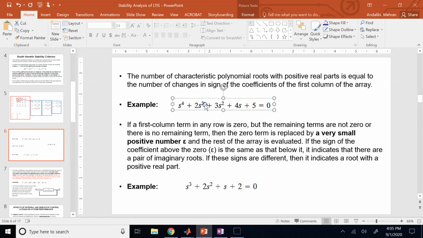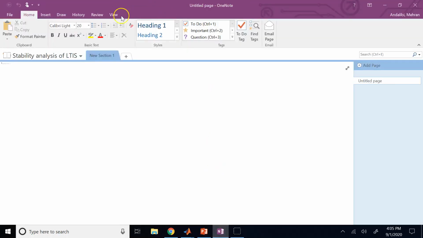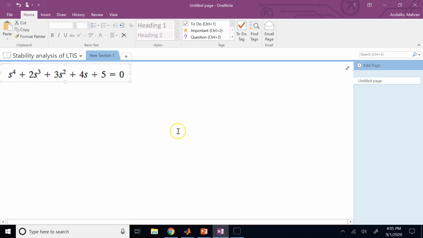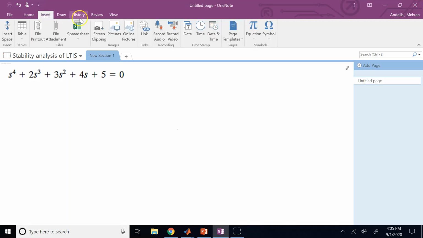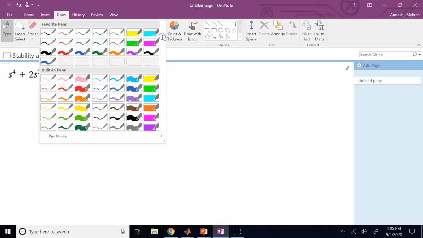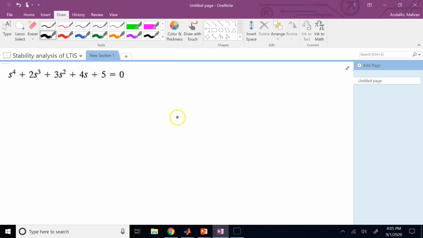So let's talk about it by doing it instead of just me reading over the slide for you. It says if the polynomial in the denominator is s to the 4, 2s squared, 3s, 2s cubed, 3s squared, 4s, and 5, does this characteristic polynomial have any roots on the right side of the imaginary axis?